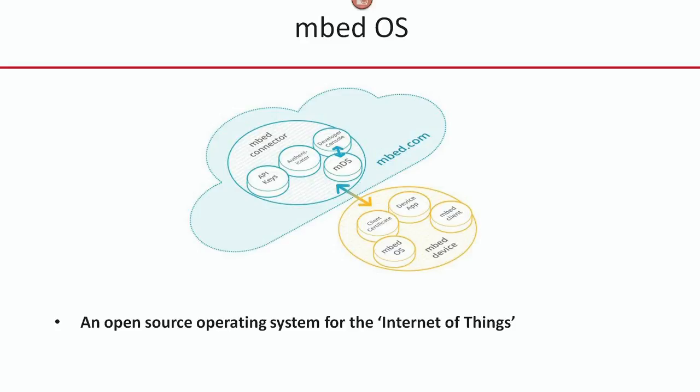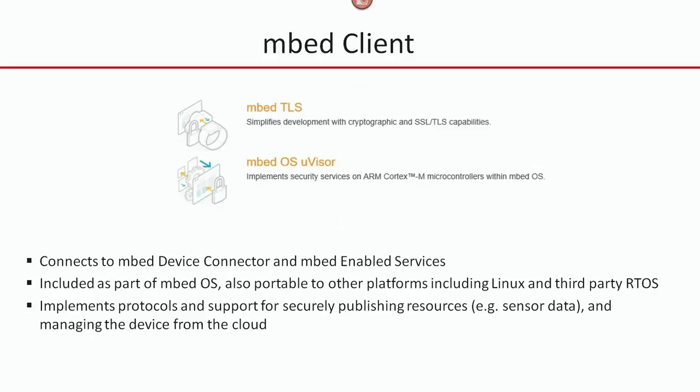So within the Mbed device client, there are a number of interesting features to implement security for small microcontrollers. The two major items in here are the Mbed TLS, or Transport Layer Security, which provides a set of cryptographic functions that provide a high level of security between the client endpoint and the server connector endpoint.